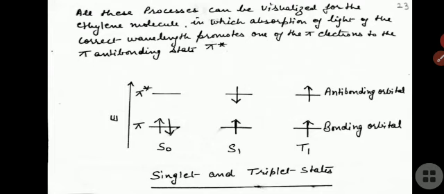So S0 represents ground state. Electrons are paired in the ground state. S1 is excited singlet state. T1 triplet state. Electron spins remain paired in excited singlet state S1, and in T1 electron spins are parallel.